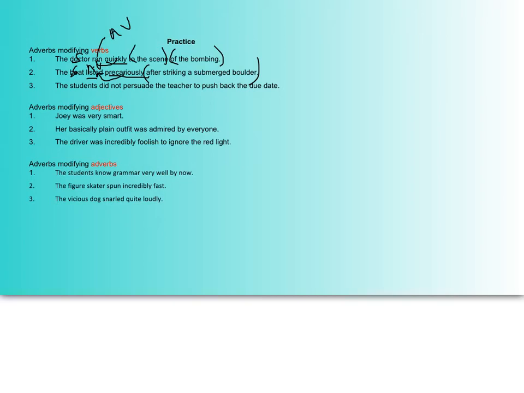The students did not persuade the teacher to push back the due date. So here's an example of something that we have not talked about. We've got an infinitive back there. The students did is working as a helping verb, and then we've got an action verb, and how did they persuade?